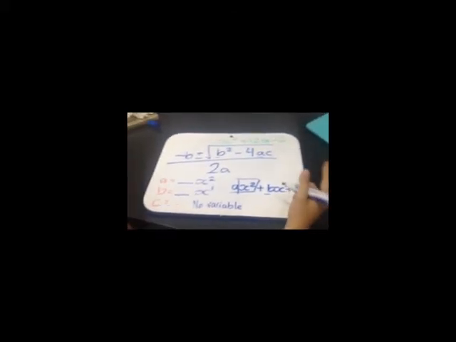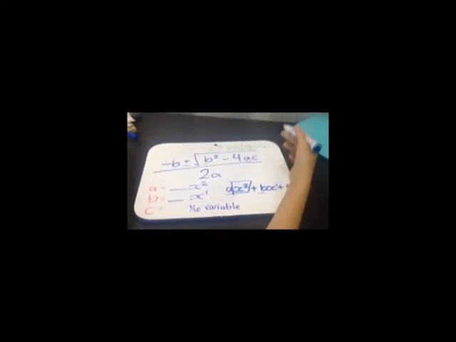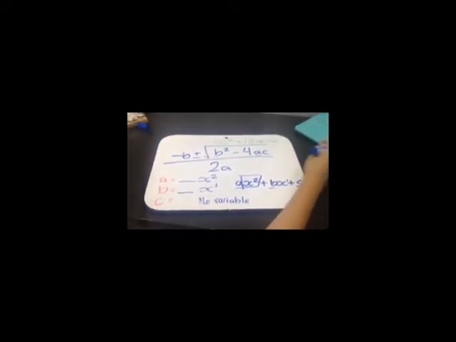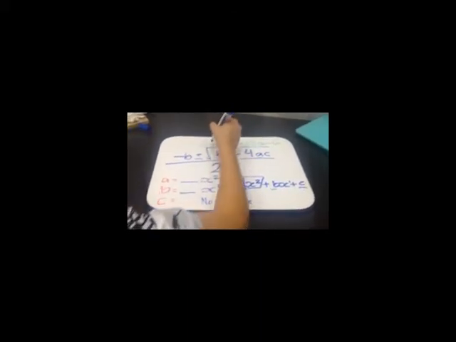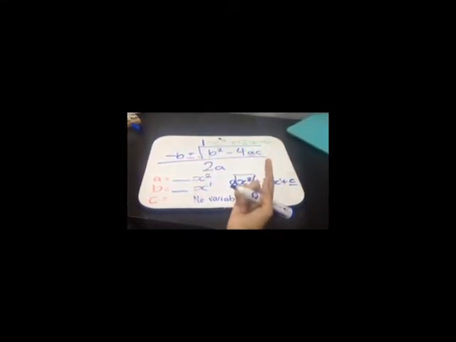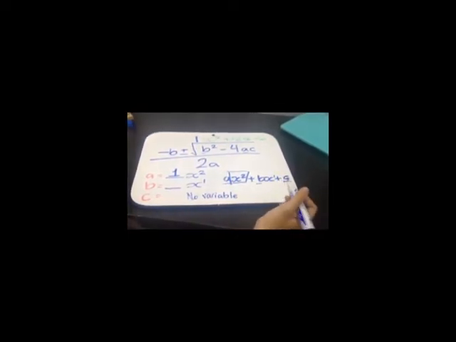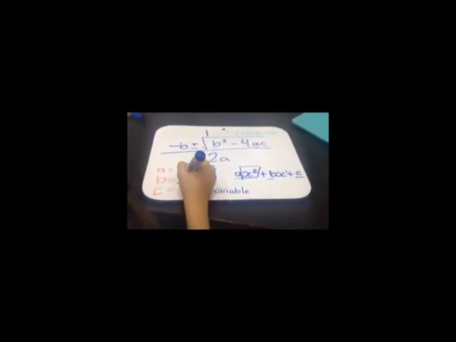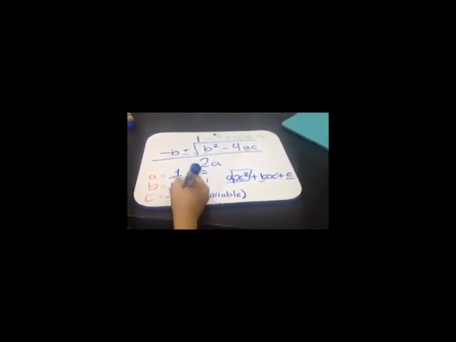Then b is with a variable elevated to 1, and c has no variable. In this example, the equation that we will be working with, we can see that a is equal to 1 because x squared doesn't have any number. Now b will be equal to 12, so here you will put 12, and c is equal to minus 6.